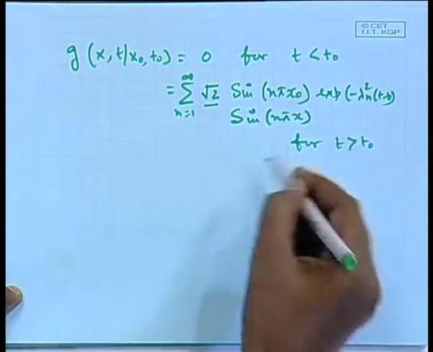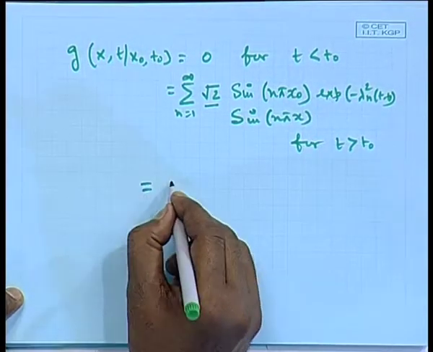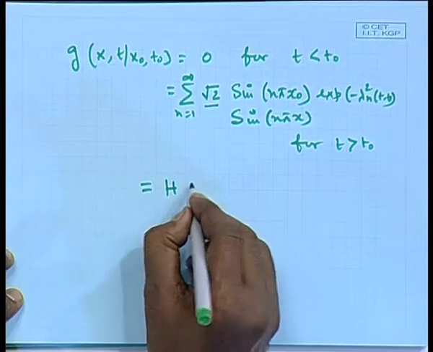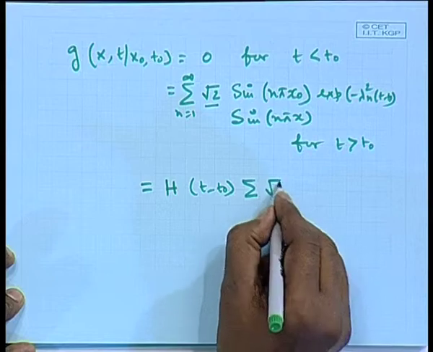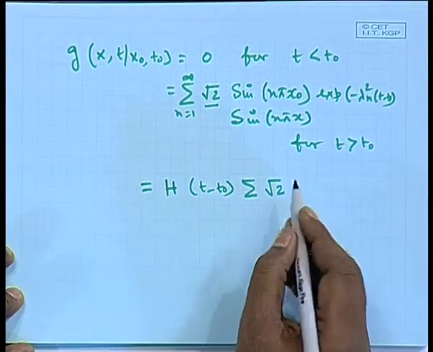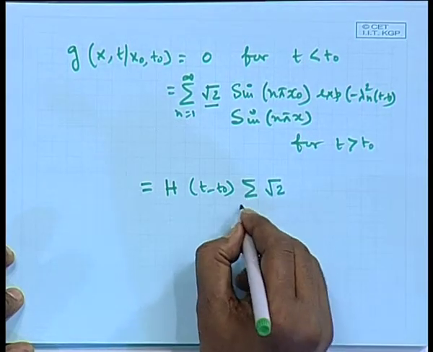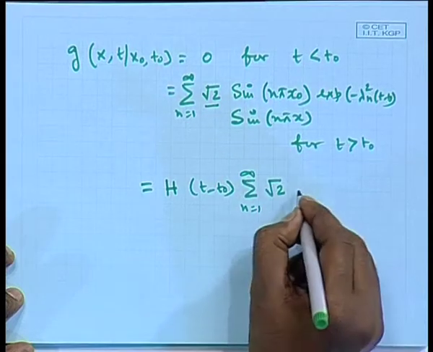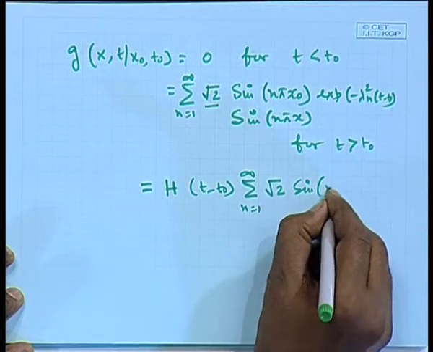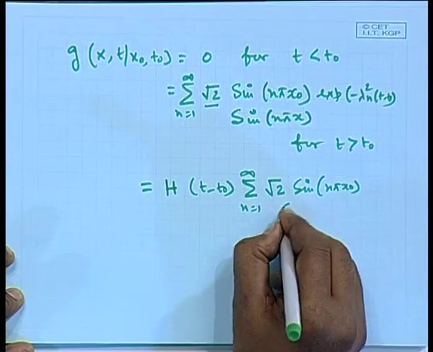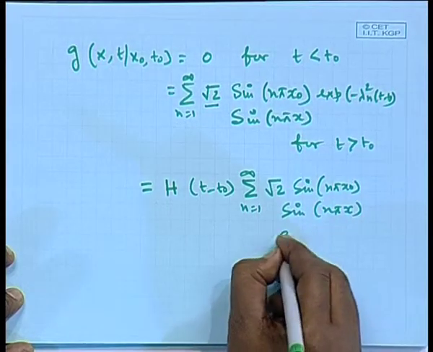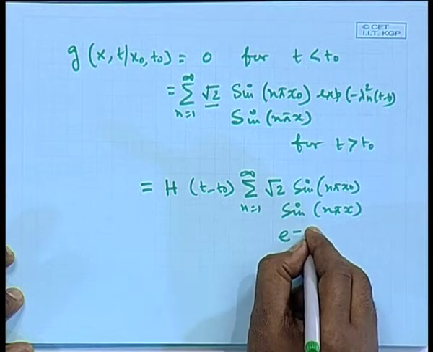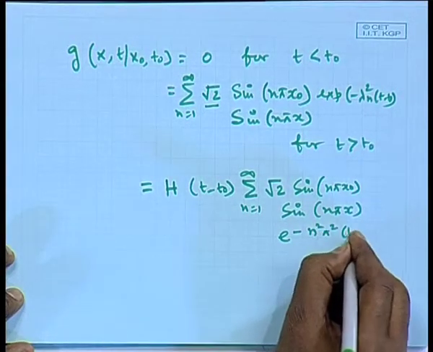Now, in a compact form, this can be written as h(t minus t naught) times summation of root over 2, I am just keeping it root over 2, it may be 2 as well, n equal to 1 to infinity sin n pi x naught sin n pi x e to the power minus n square pi square (t minus t naught).